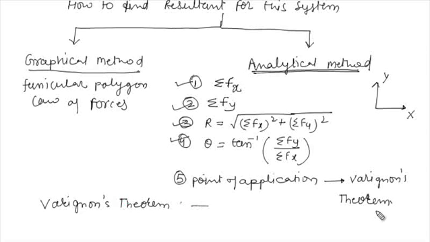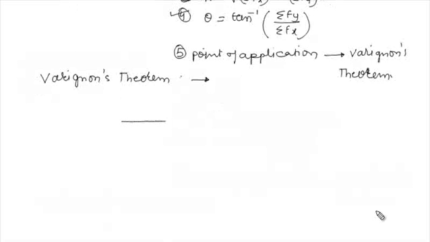Before starting, first I will draw the coplanar non-concurrent force system. Suppose F1, F2, F3 and F4, these four forces are acting on a body. Now we have to find first the resultant R and then the point of application. The resultant R we can easily find with steps 1 to 4. But the point of application we have to find with Varignon's theorem.